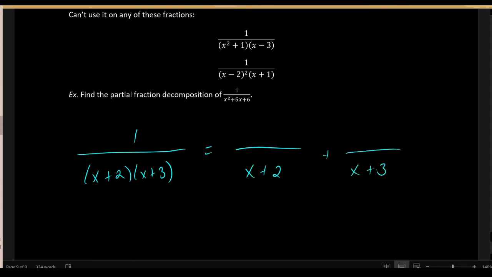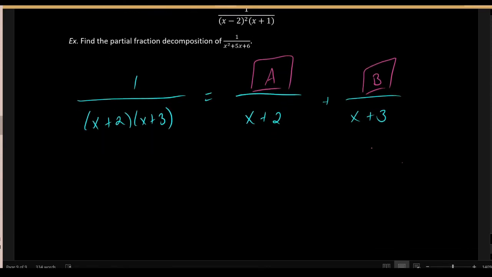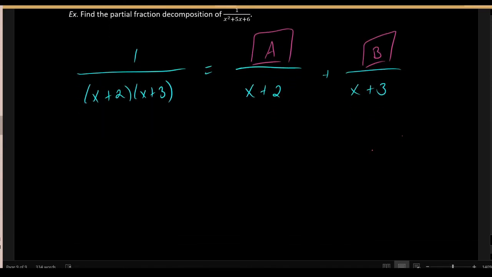Now the question is, what goes in each of these numerators? You can figure this out by clearing the fractions and solving a system of equations for a and b.